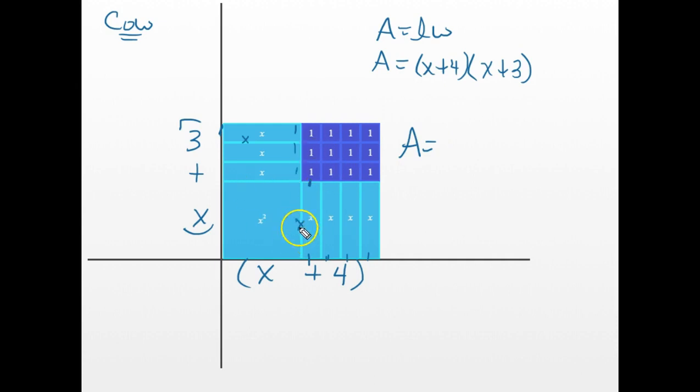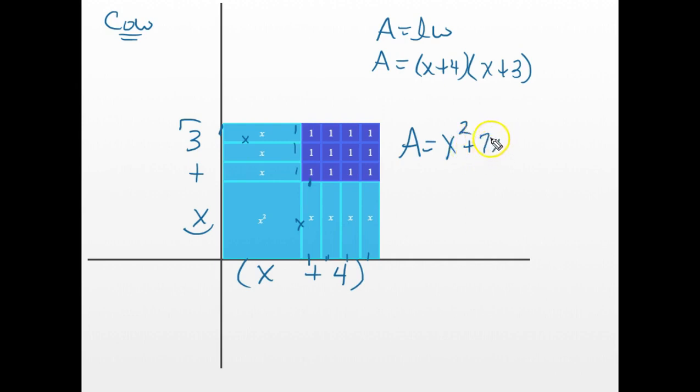They're going to come before my constants, and I will start with the variable with the highest exponent. So that would be my x squared. So I have one space that has an area of x squared, and then I have 1, 2, 3, 4, 5, 6, 7 spaces that have an area of x.